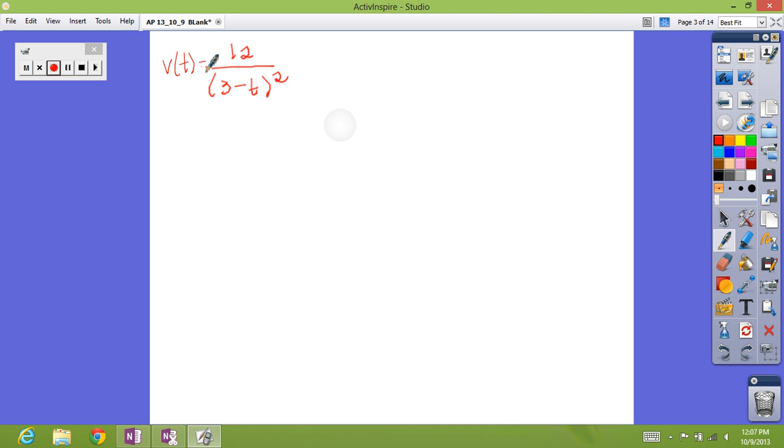So to find the acceleration, I would take its derivative, but what you guys don't realize is because of the square, you have to simplify it. You cannot do a power rule, and the reason is because inside it's a function. It's not just plain x.